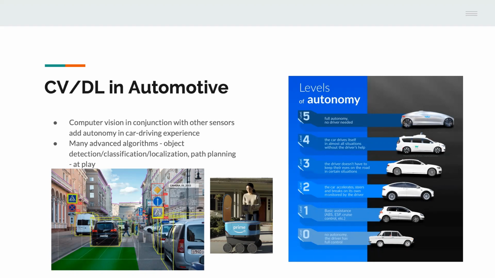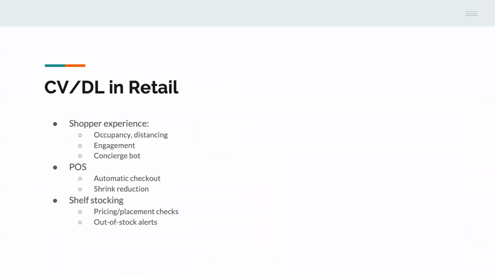Otherwise the consequences of wrong decisions could be pretty risky. So that's where these levels of safety and autonomy have been defined by the automotive industry. So that's one domain to look into.